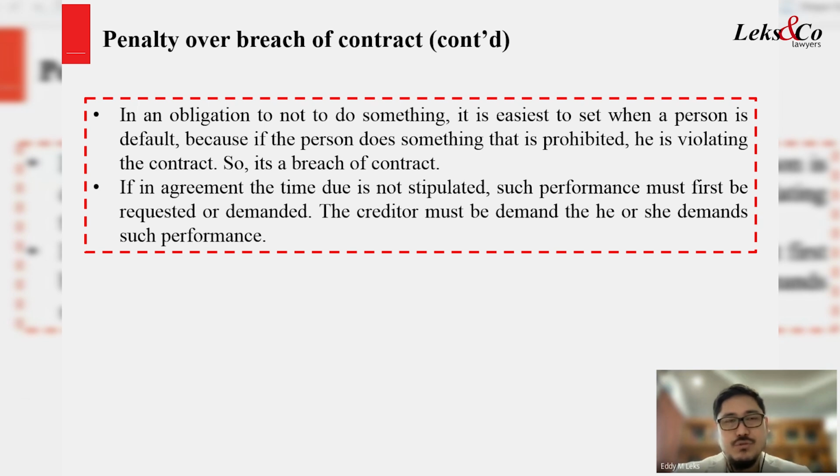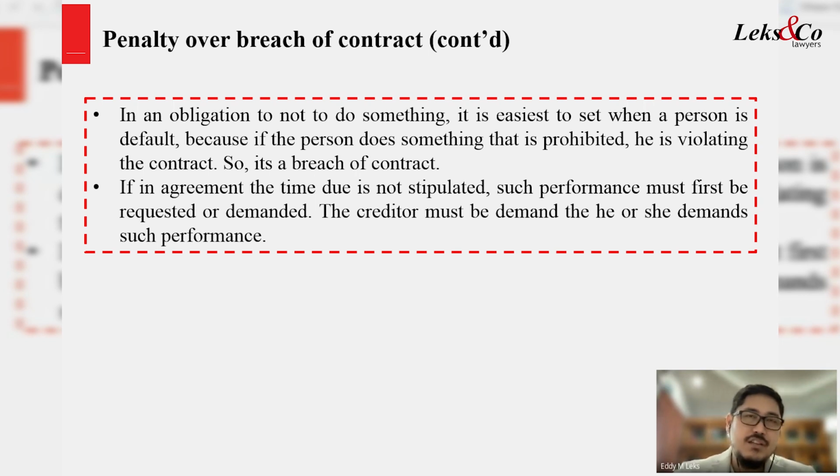So what should we do then? We should send a somasi. You learn about somasi, right? Somasi is LOD, letter of demand. I demand you to do what you promised to do.